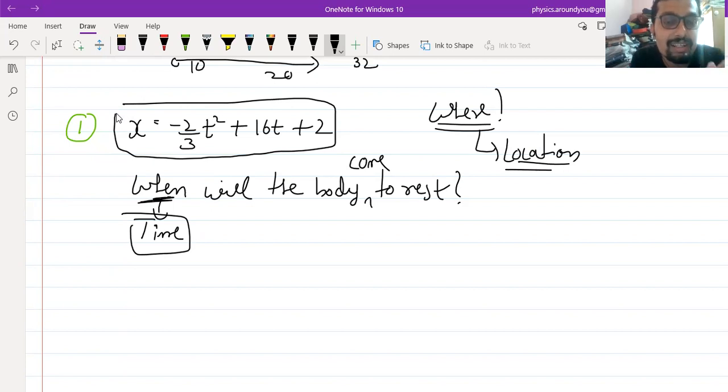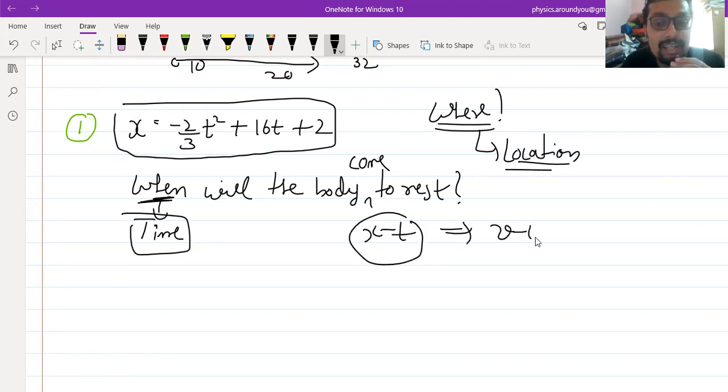Given the relation between the position and time, how will I get to know the relation between velocity and time? Doing what operation will give me the relation between velocity and time? I know position and time. From here, I need to go to velocity and time.